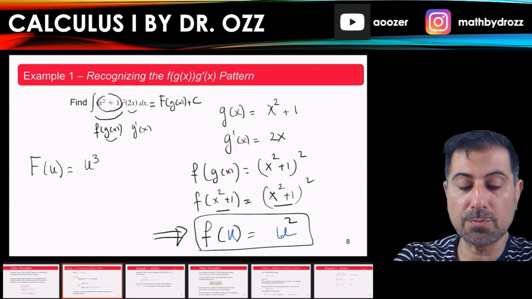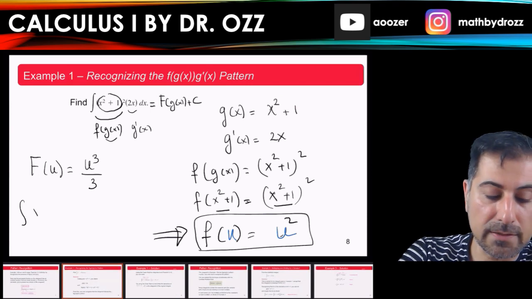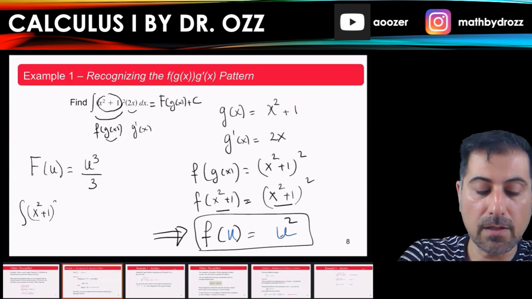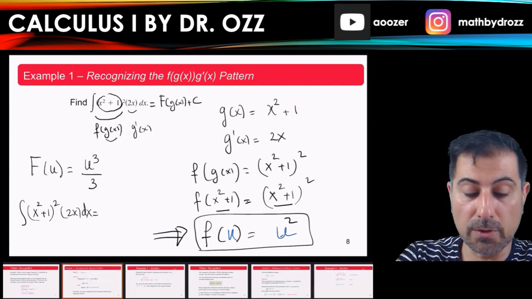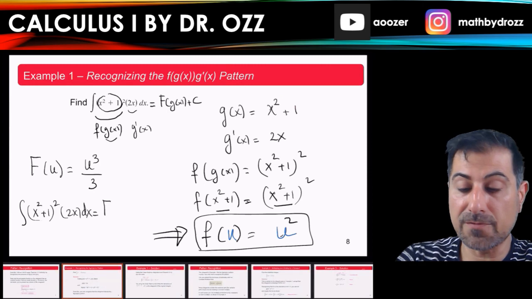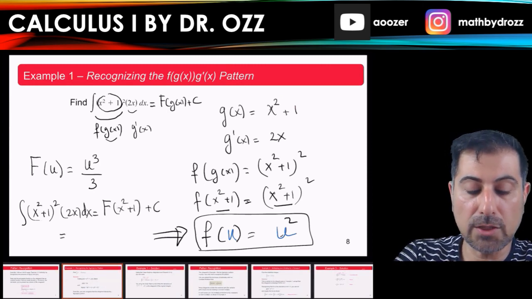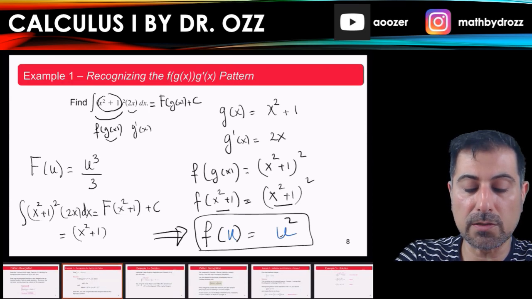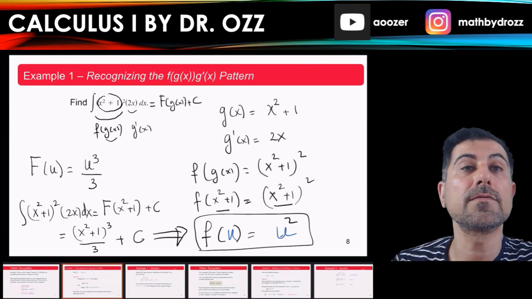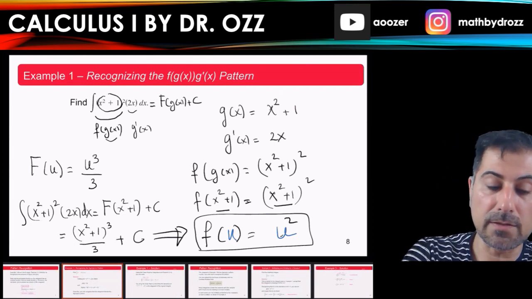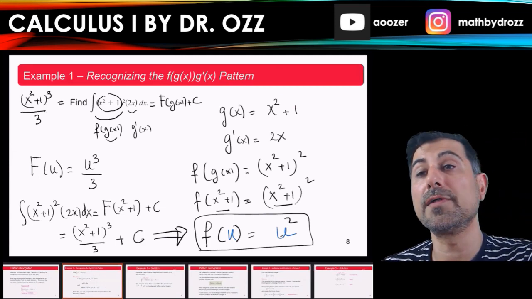So it's going to be u cubed over 3. Okay, so we're almost done. So I can go ahead and say that this integral times 2x dx is equal to F of g of x plus c, and that's equal to x squared plus 1 quantity cubed divided by 3 plus c. So this integral, in other words, is x squared plus 1 cubed over 3.